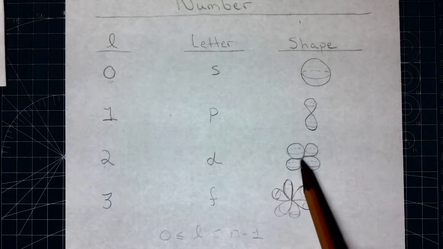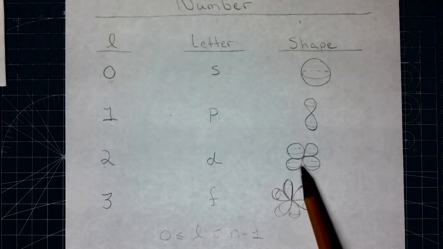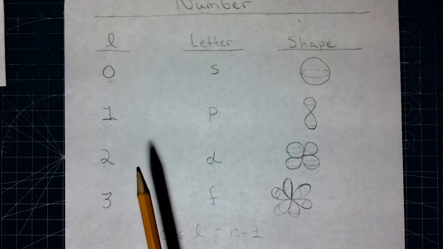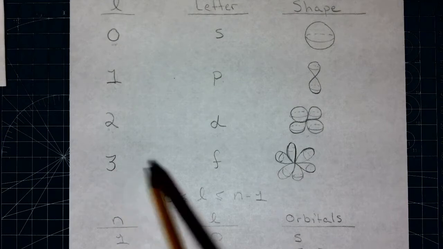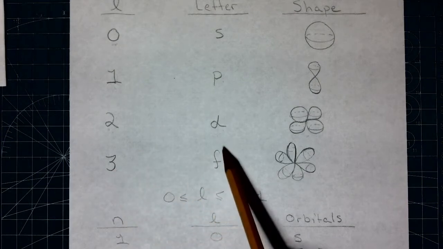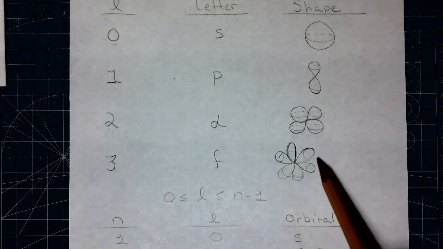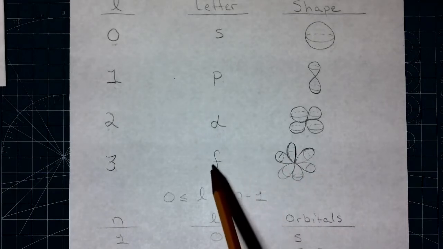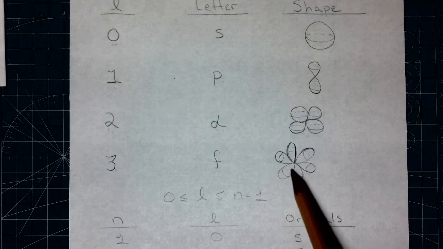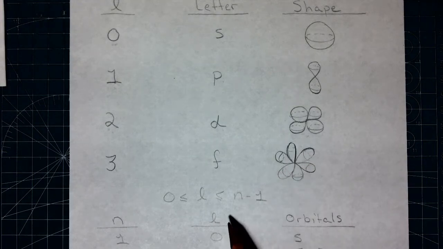I'm going to upload a document where you can take a look at some of those shapes, but it's not really going to come up in our homework, so I wouldn't worry about it too much. In the third angular quantum number, we get the f orbitals, and these start to take on pretty complicated shapes, like this 6-lobed one. And again, not every f orbital is going to look like this. There's a lot of different shapes that it can start to take on.